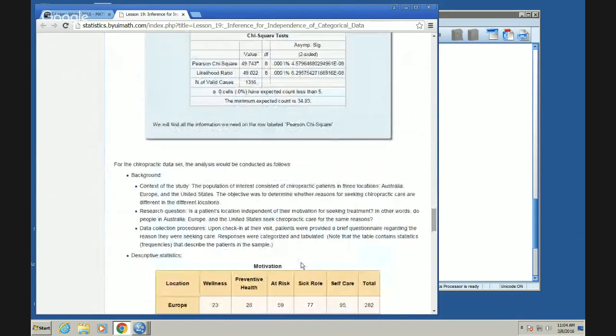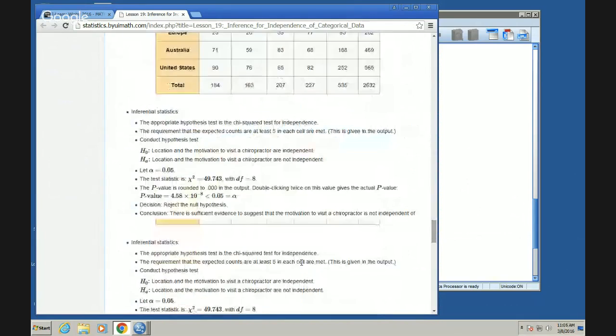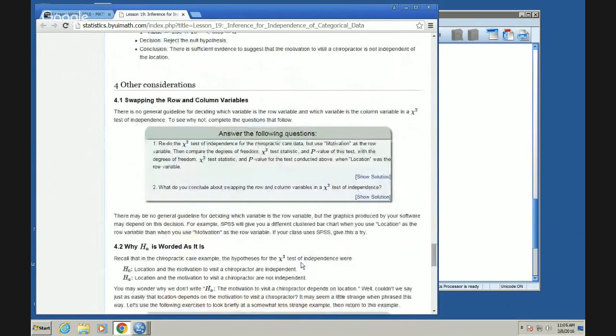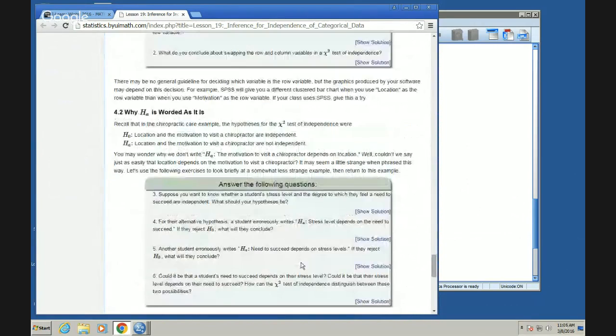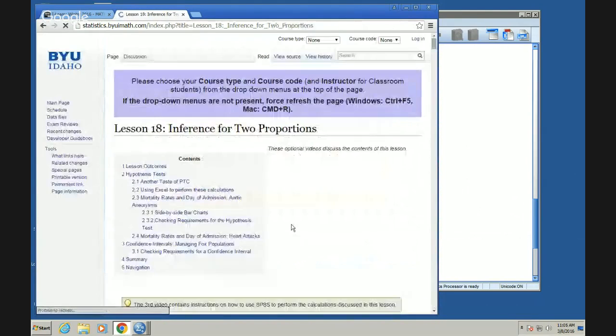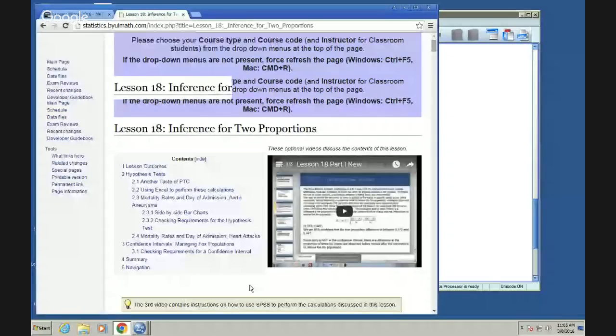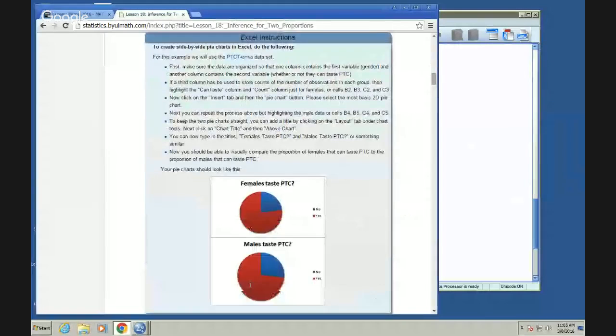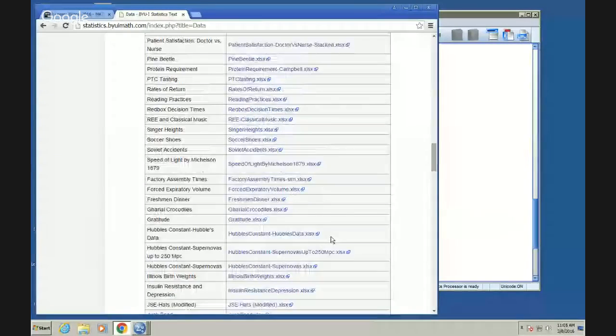I clicked on the wrong one, so I've got to find something to get to that list. Does somebody else have SPSS open that they can share their screen? Okay, I was able to open it up. Here it is.